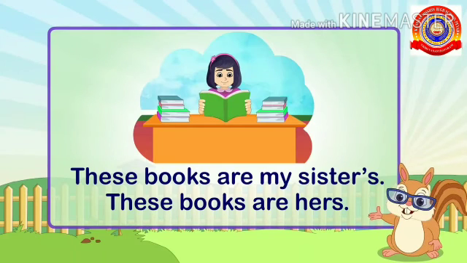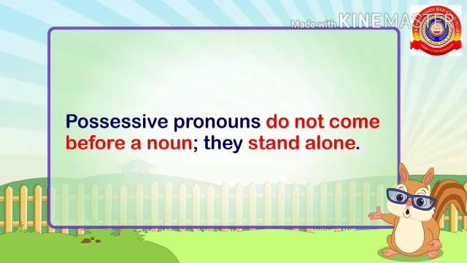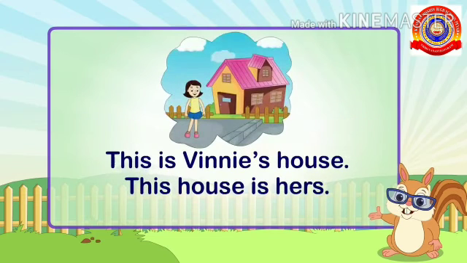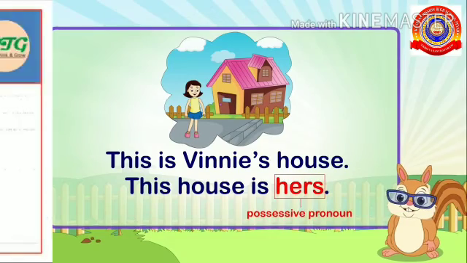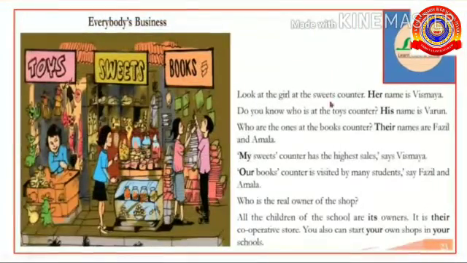For example, these books are my sister's. These books are hers. Possessive pronouns do not come before a noun. They stand alone. For example, this is Winnie's house. This house is hers.